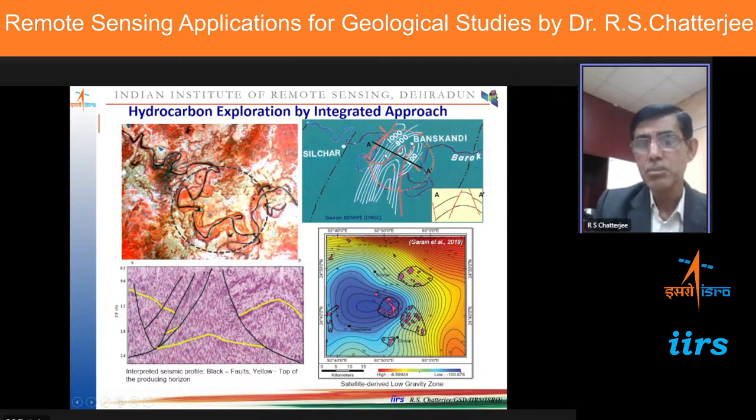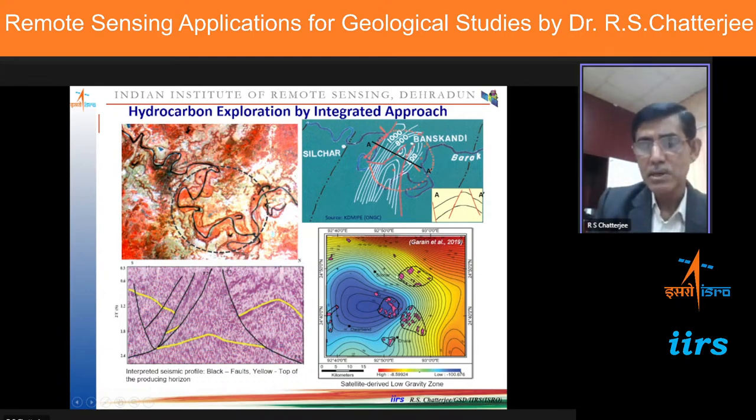You can see there are some antiformal or anticlinal structures. So it is the hydrocarbon trap, the oil trap, and this is in the northeast near the Silchar area. Silchar is shown here. So an oil prospect was identified based on this, first from this remote sensing based geomorphic anomaly, followed by geophysical investigation.